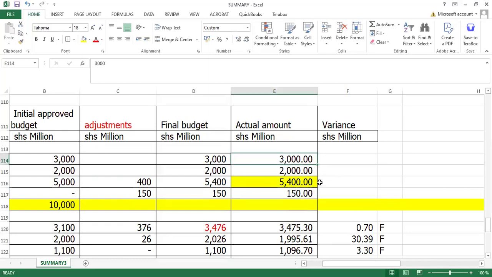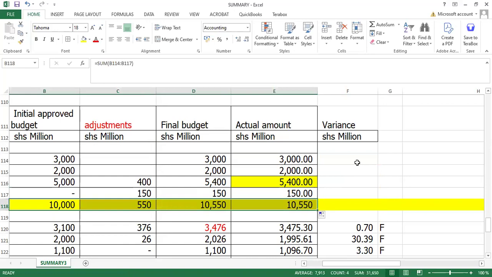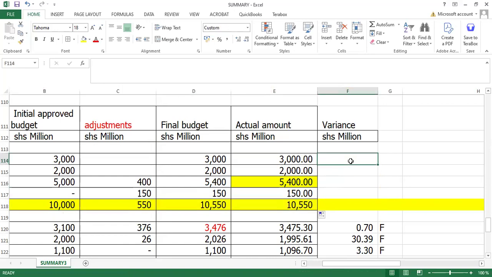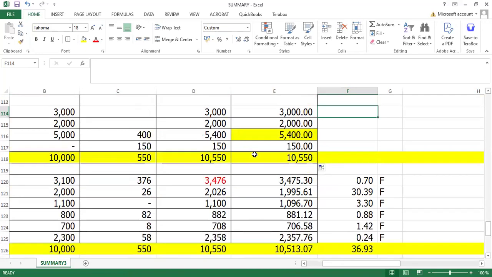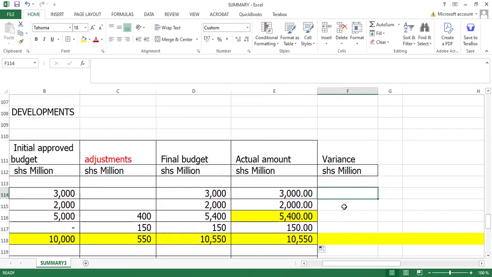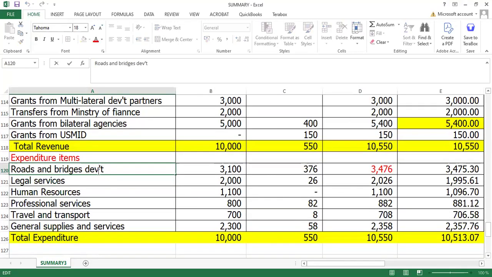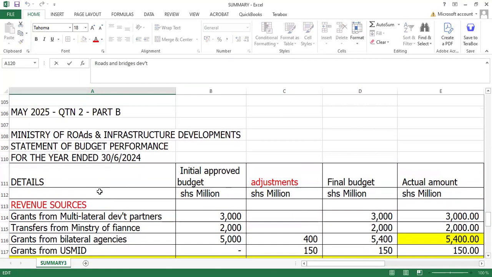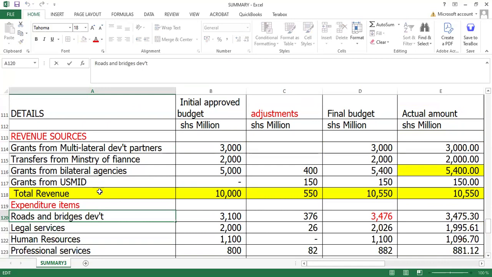This is the money you received and you're going to spend. Guys, we are done. The variance for revenue really has no issue. Any question? We are done.